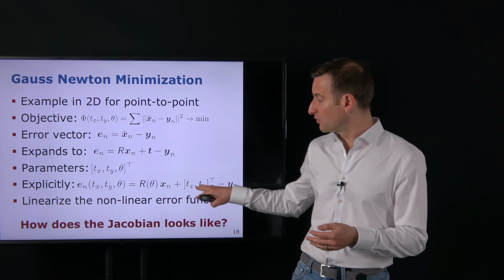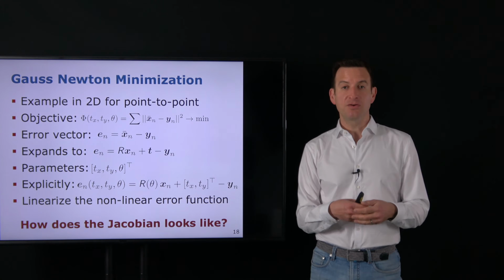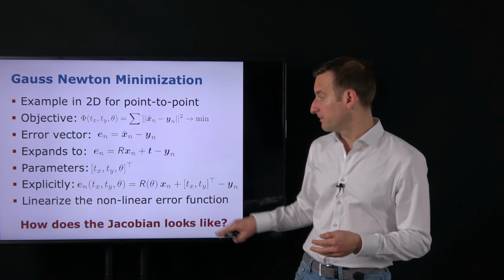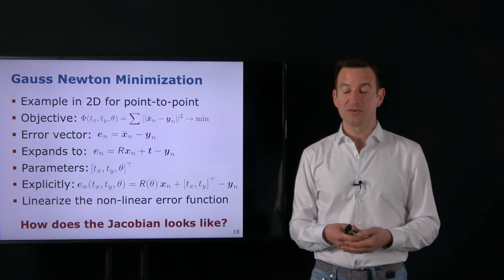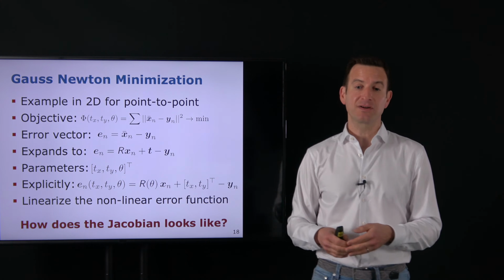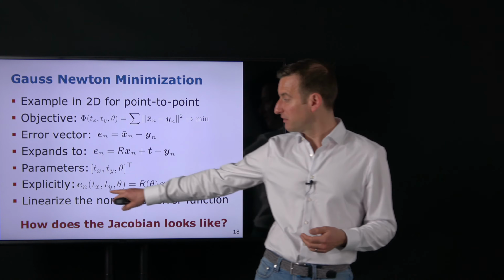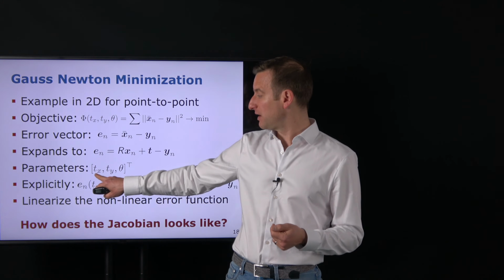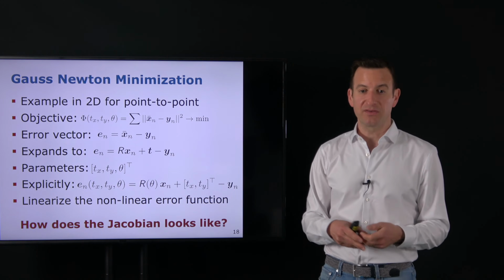And so in order to do the next step, in order to linearize our nonlinear error function, we need to compute the Jacobian of this function. So we need to take this error function here into account and compute the Jacobian. That means we are taking this error function E and need to derive it with respect to the three parameters. So we take this error function E, we derive it with respect to Tx, we derive it with respect to Ty, and we derive it with respect to theta.